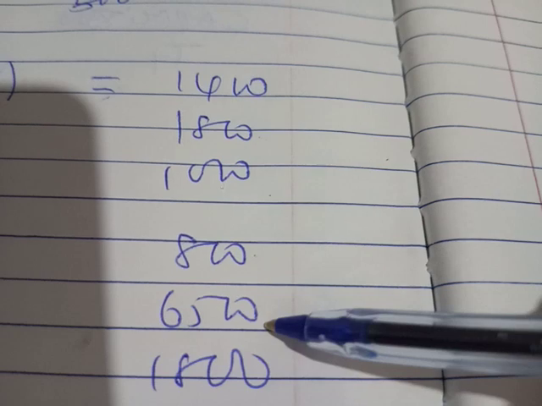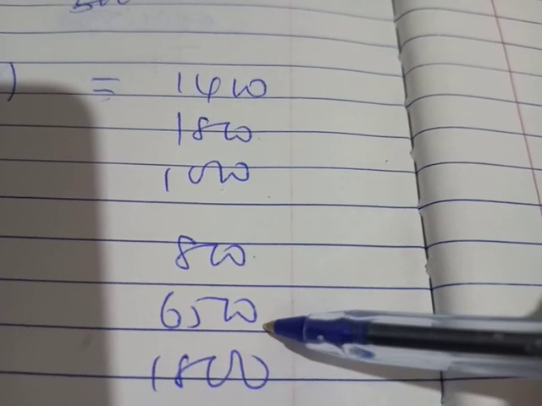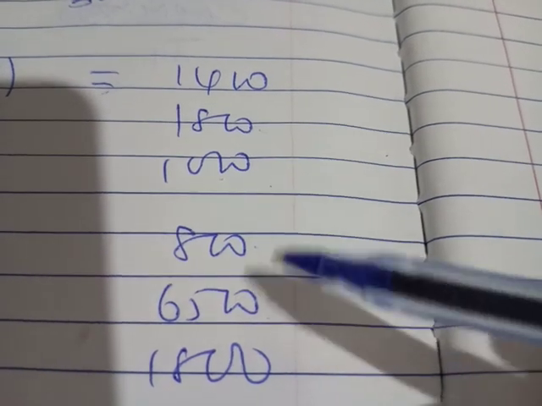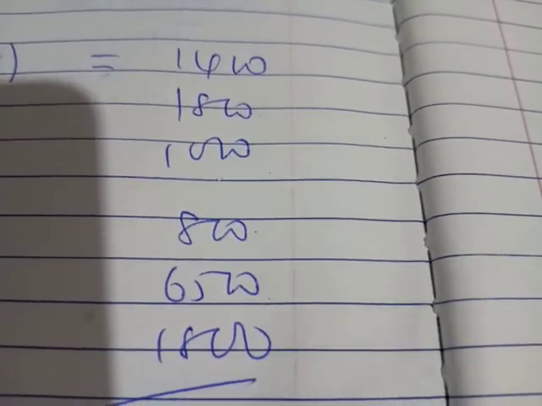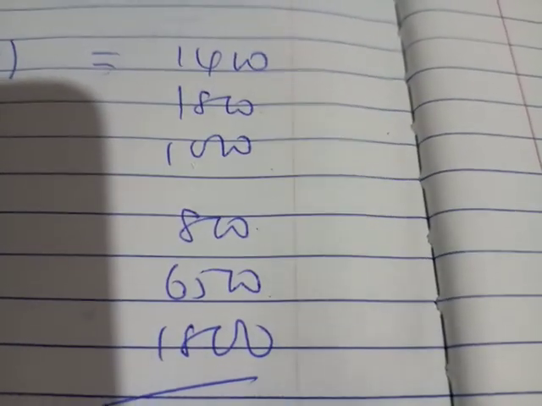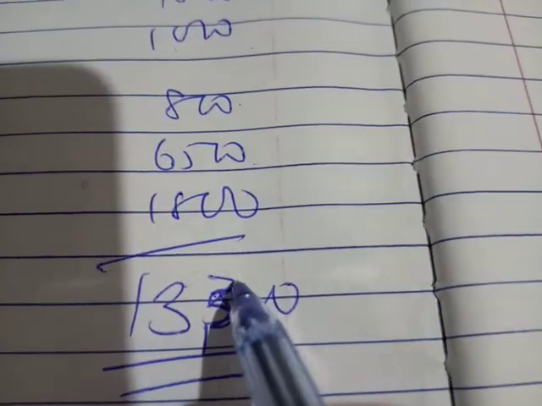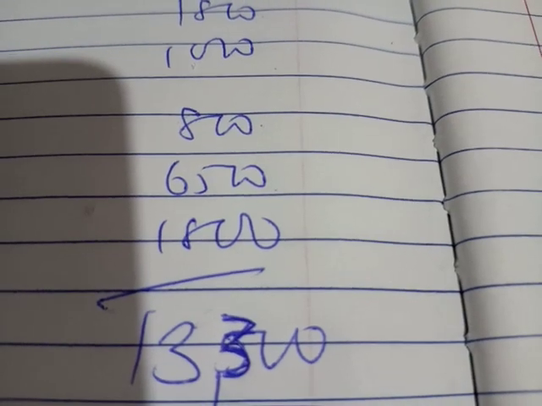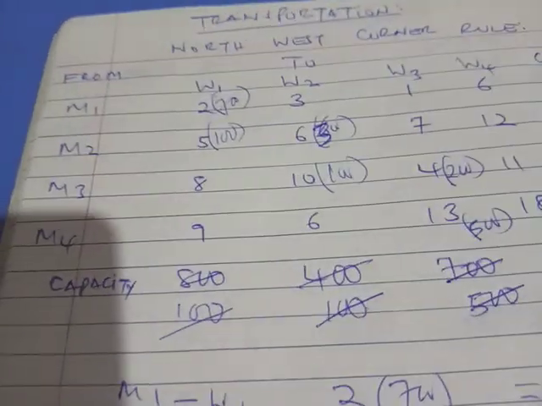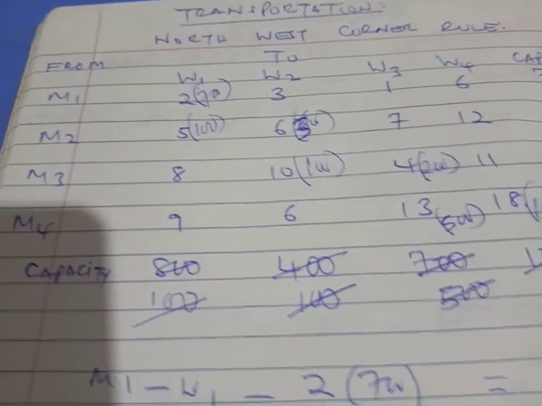So this becomes 11500, and therefore we have 13,300. So the cost of transportation will be 13,300 shillings. So the most optimal cost will be 13,300 shillings for transporting from the manufacturing plants M1 to M4 up to warehouses W1 to W4.